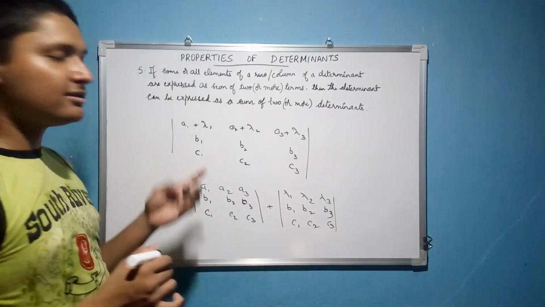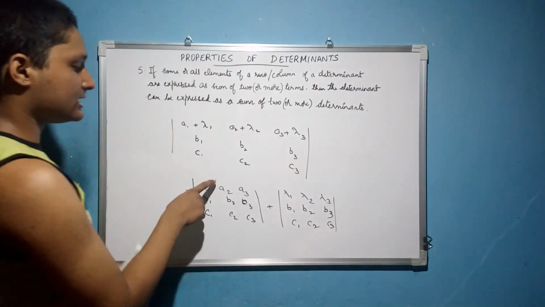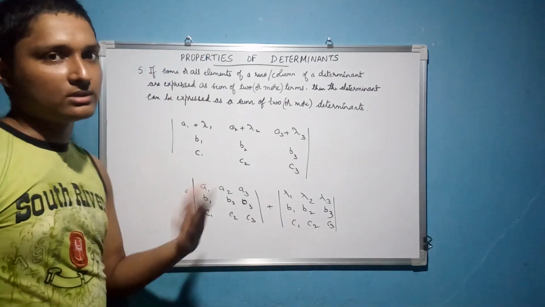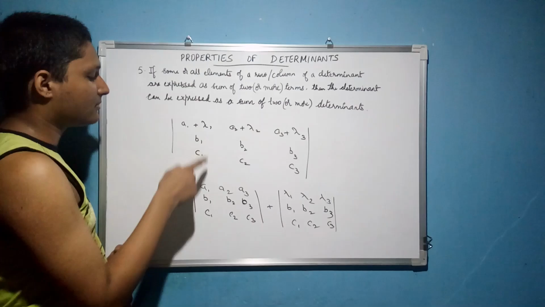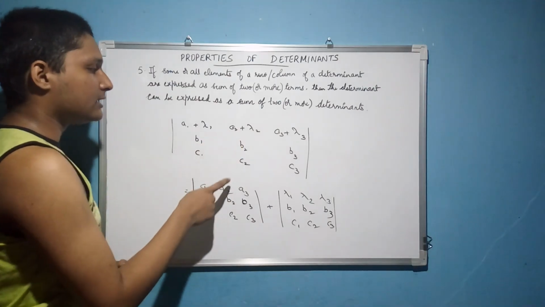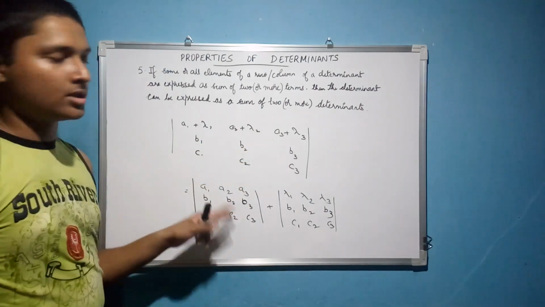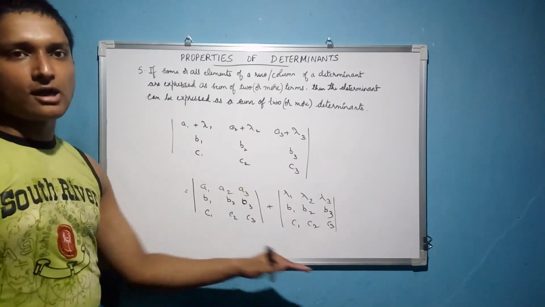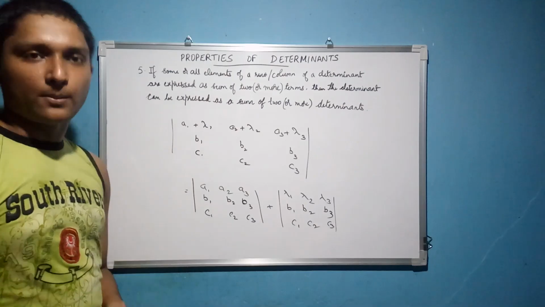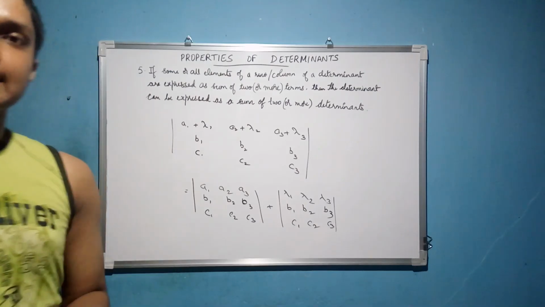In the other way also you can take, maybe you can exchange A2 and lambda 2, both of them will get the same value. So one from this sum will come here, one from this sum will come here, one from this sum will come here. What is remaining will go to the other one. That's the logic of how we use this property. Okay, next we'll move on to the sixth property.